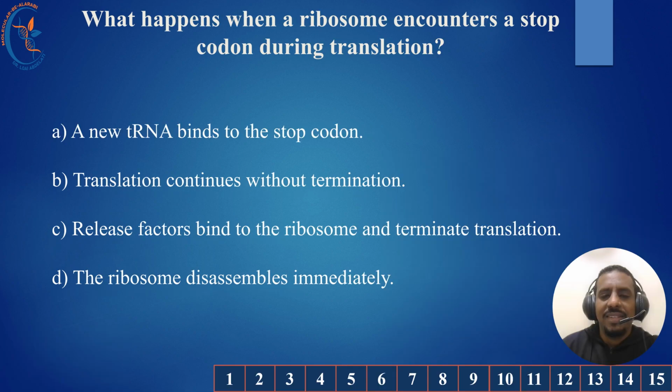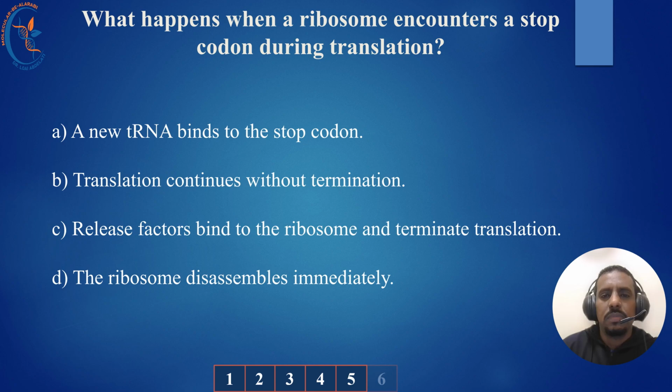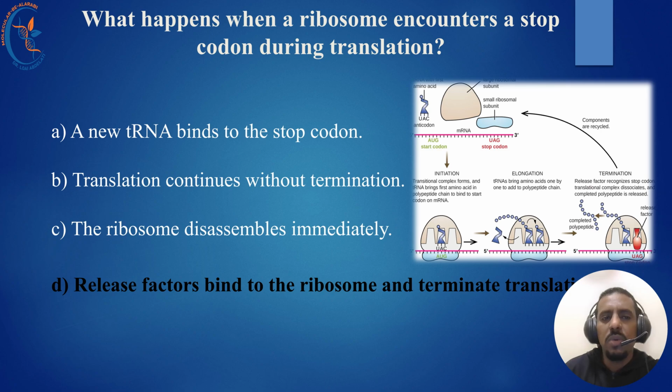Let's move on. All right, the next question is, what happens when a ribosome encounters a stop codon during translation? Actually, when the ribosome reaches a stop codon such as UAA, UAG, or UGA, special proteins called release factors bind to the ribosome.